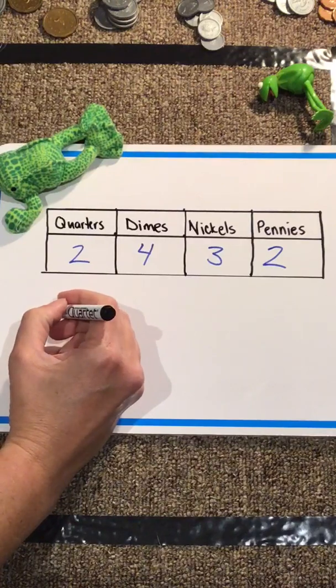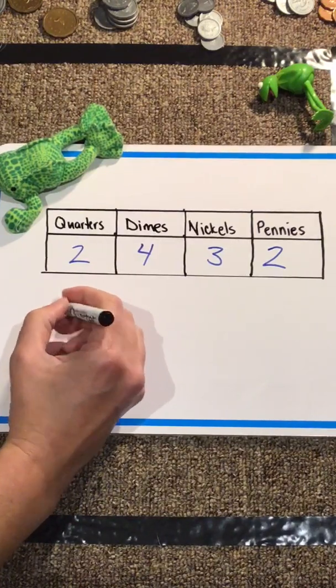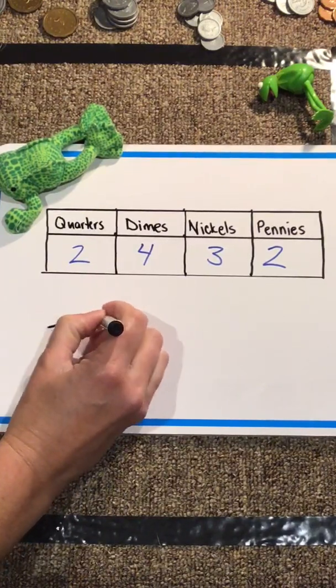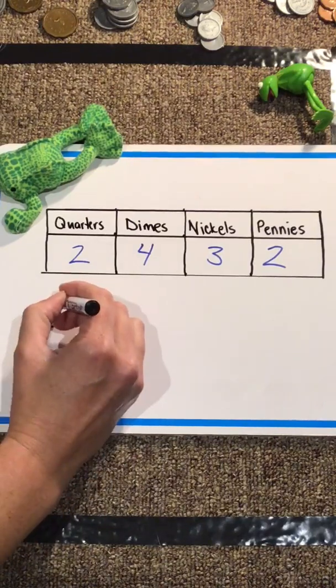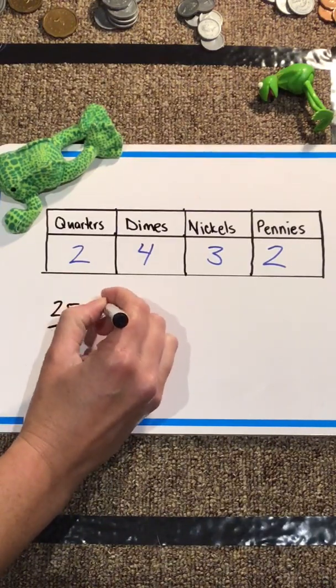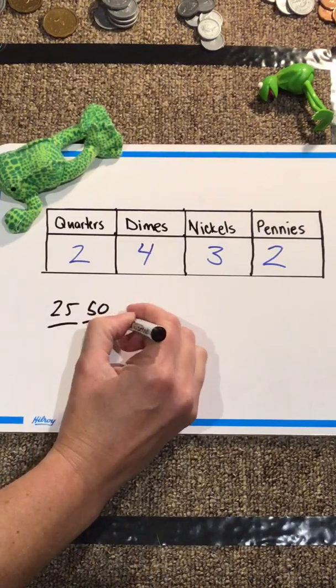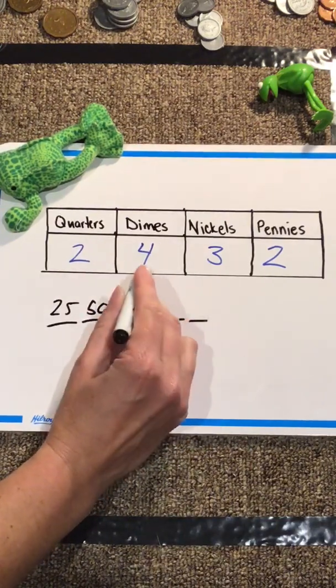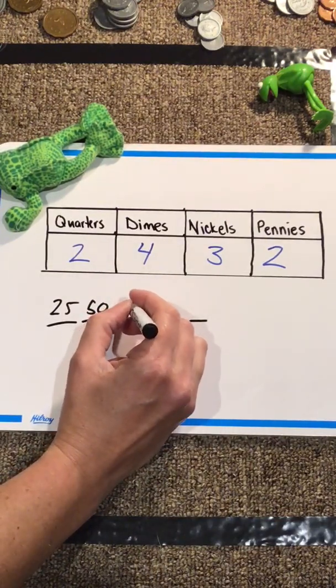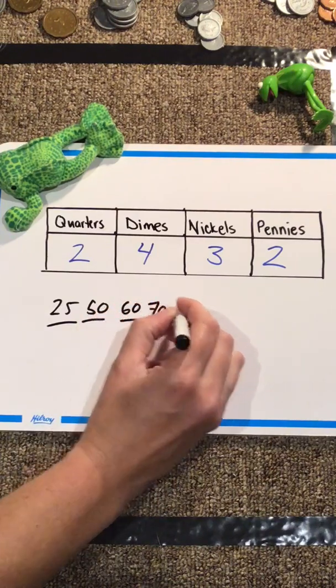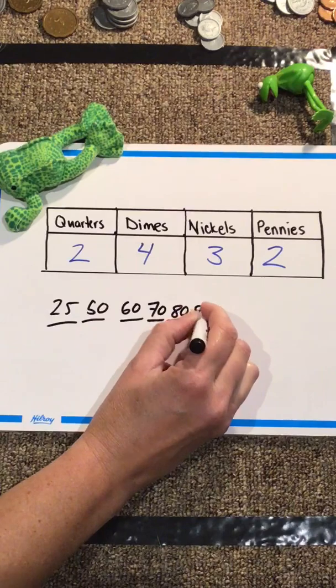Okay, remember quarters? 25, 50, 75, $1. We've got 2 of those. So we've got 25, 50. Now we have 4 dime spots, counting up by tens. So 50 plus 10, 60, 70, 80, 90.